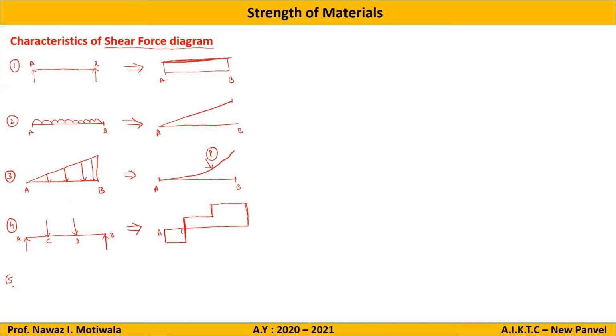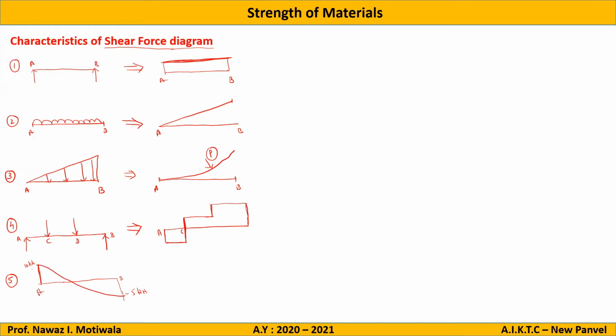And the fifth and last point is wherever shear force changes its direction. For example, let us say this is a value of 10 kilonewton in shear force, and here there is a value of minus 5 kilonewton in between points A and B. So if I draw the shear force diagram, it will be like this.